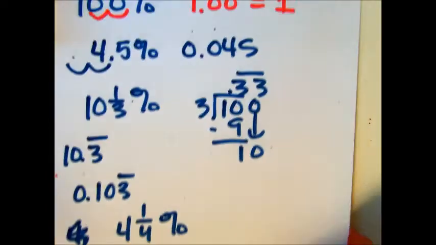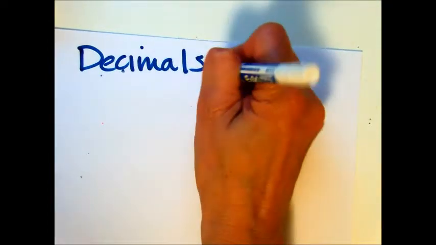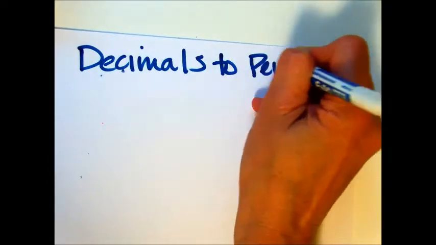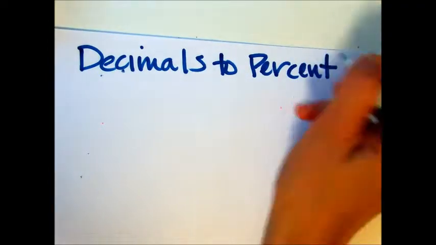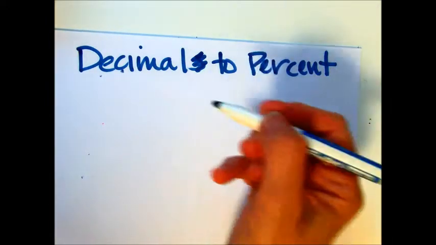All right, now we're going to move on to decimals to percents. So a decimal to a percent. Now, when we were going from a percent to a decimal, we were moving to the left, right?